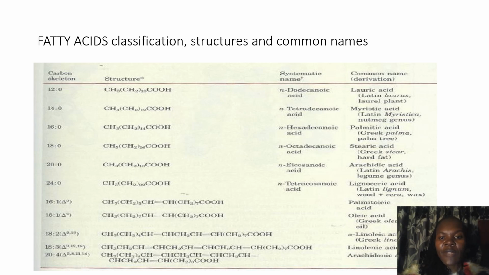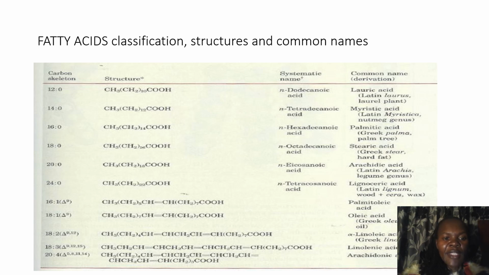And then we have 20:0, known as arachidic. You know, the unsaturated one was arachidonic. The unsaturated form of palmitic was palmitoleic. So arachidic comes as a saturated form, 20:0. Then we have lignoceric, 24:0.